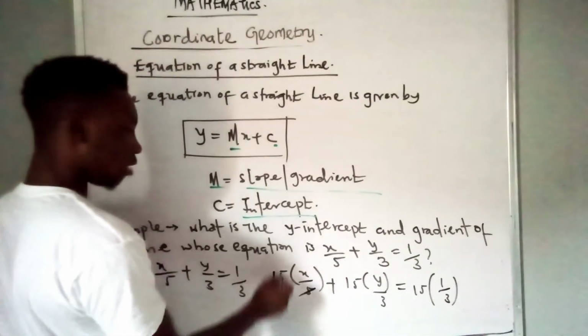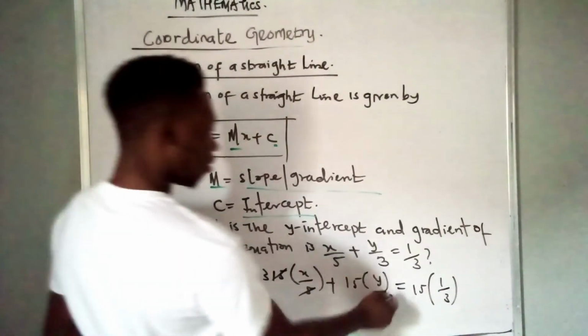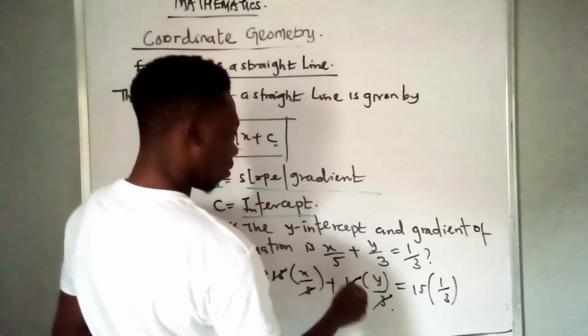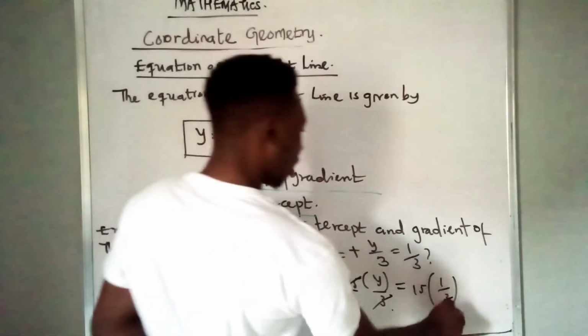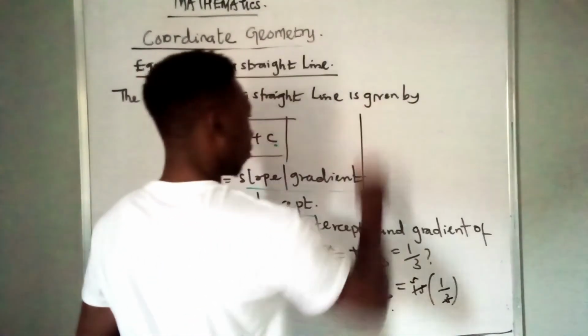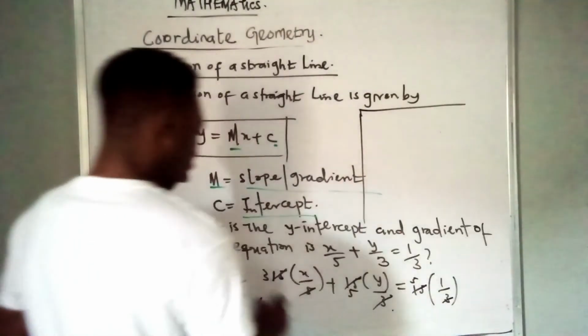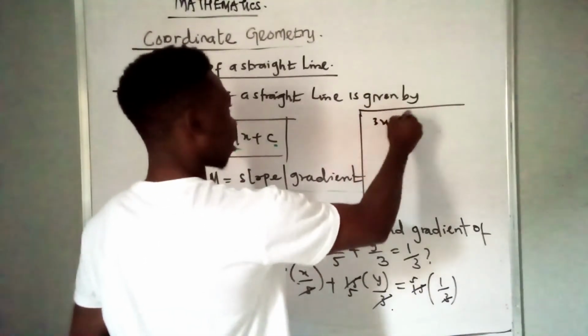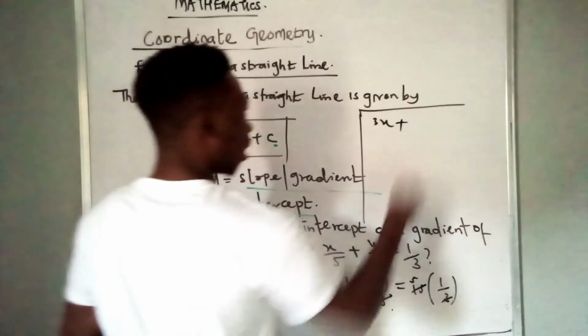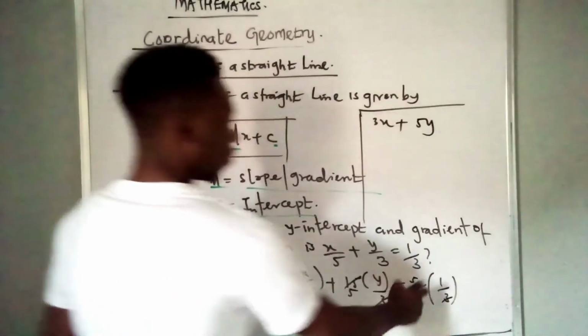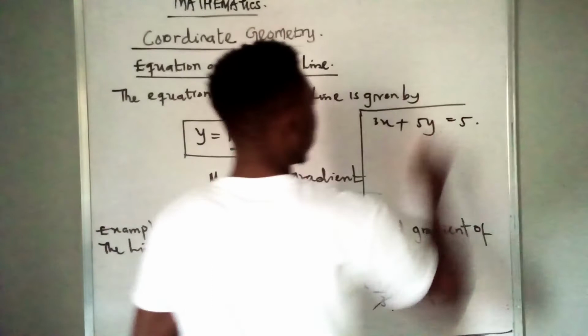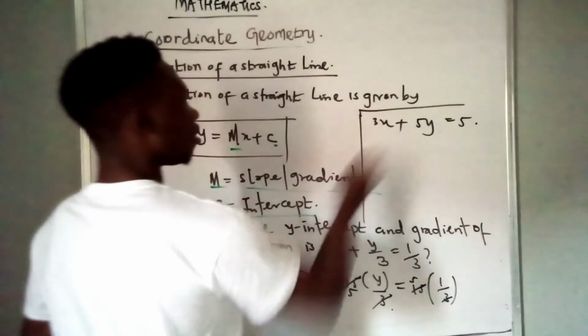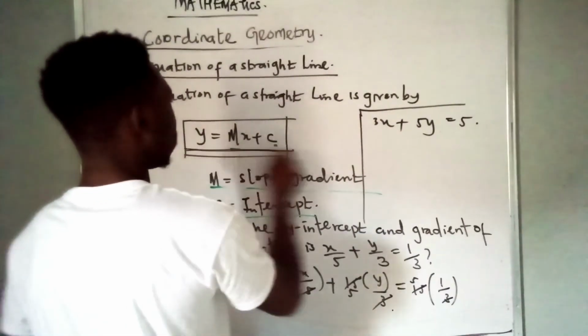So 5 into 15 is 3, 3 into 15 is 5, and 3 into 15 is 5. So multiplying, this becomes 3x plus 5y is equal to 5 times 1, which is 5.